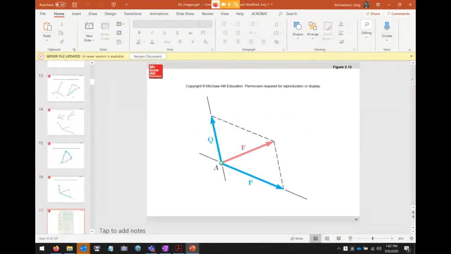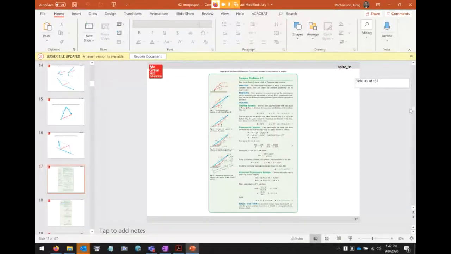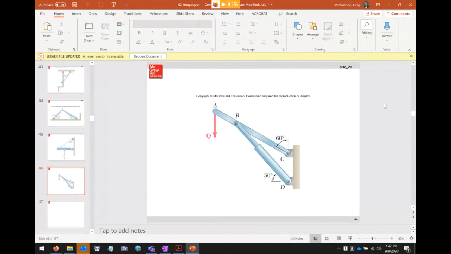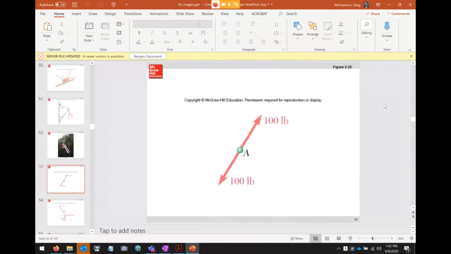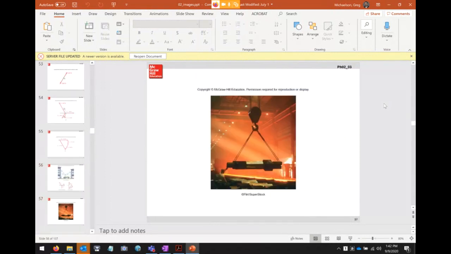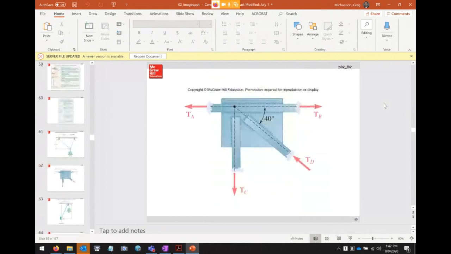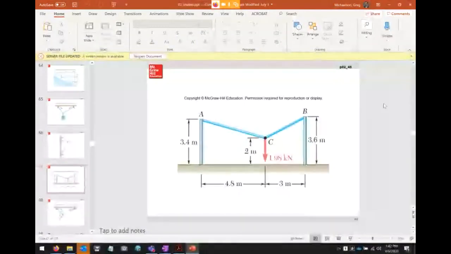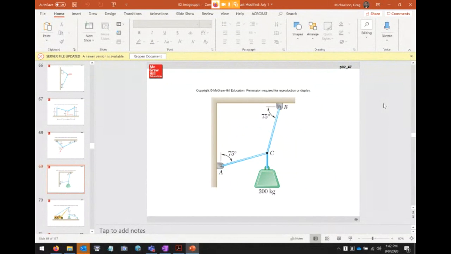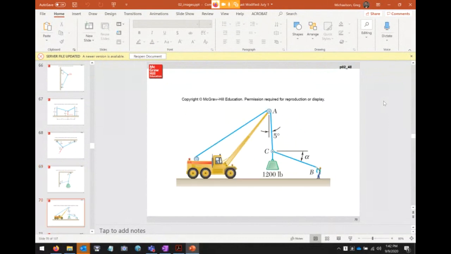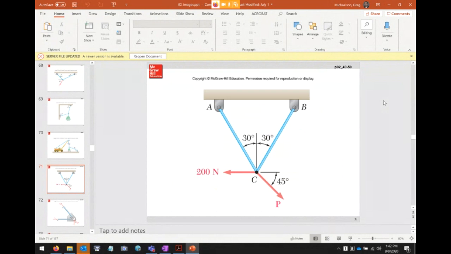I don't want to pull up my solution. I just want to pull up the problem. Okay, so this is problem 247, and let me skip ahead a bit. This is problem 249.